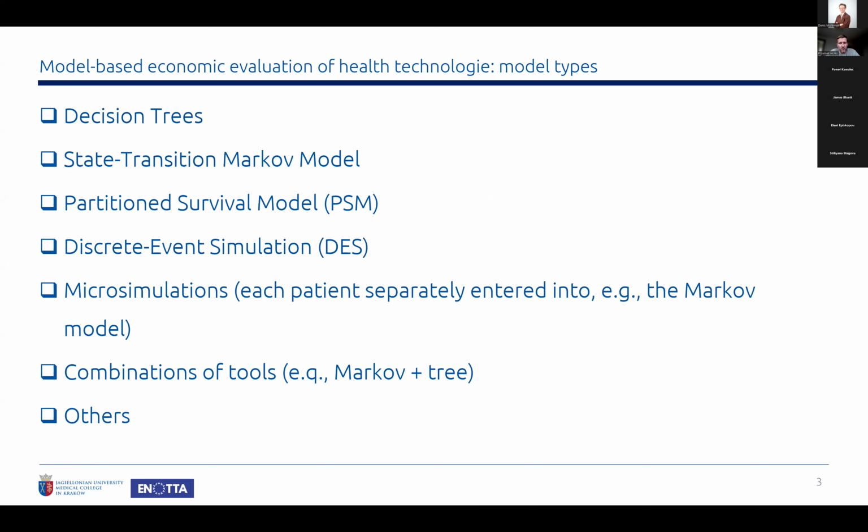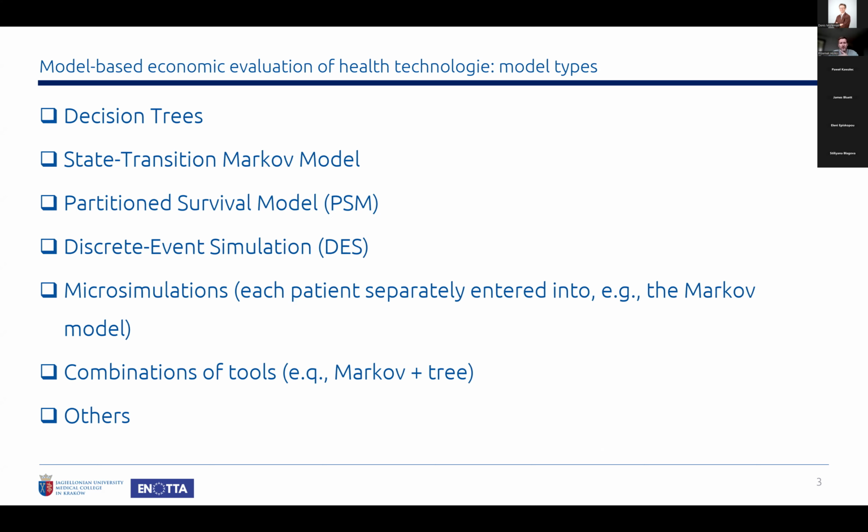There are many tools for model-based economic evaluation of medical technologies. These include decision trees, state transition Markov models, partitioned survival models, and discrete event simulations. Additionally, some hybrid approaches, such as combining Markov model with decision tree, can be also used. We will focus mainly on the most frequently used models in health economics, Markov models and partitioned survival models.